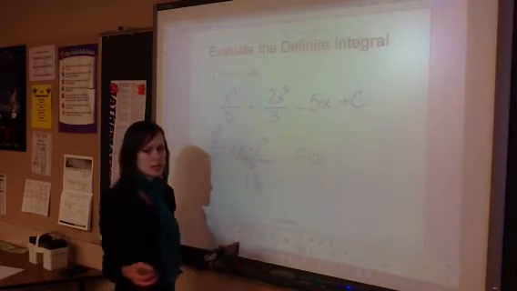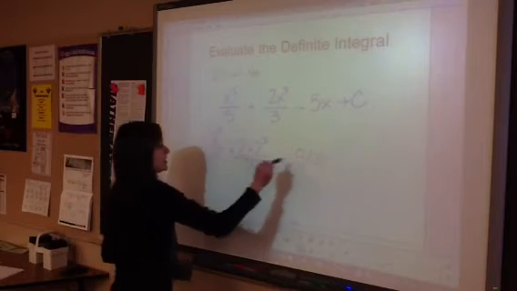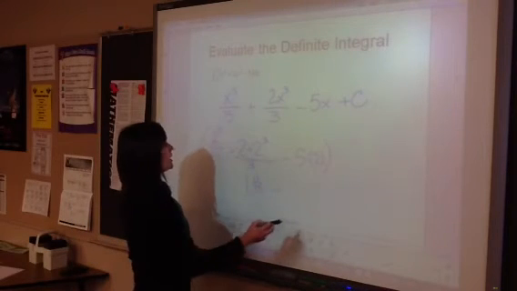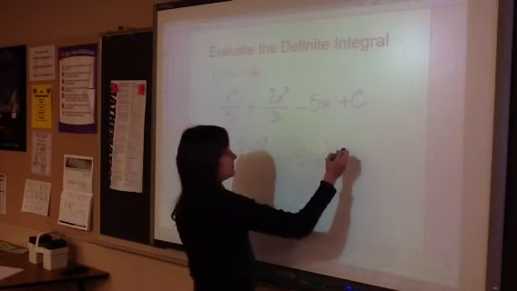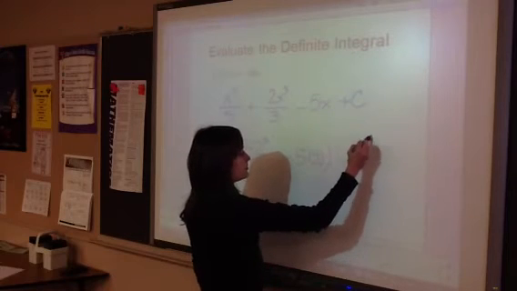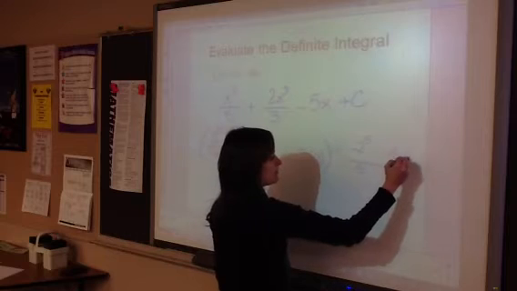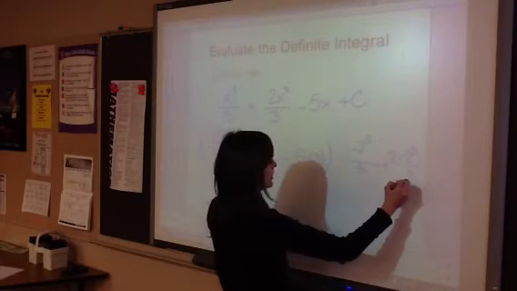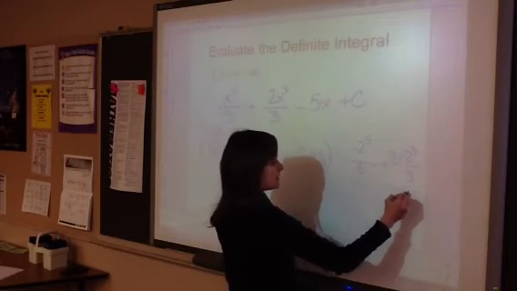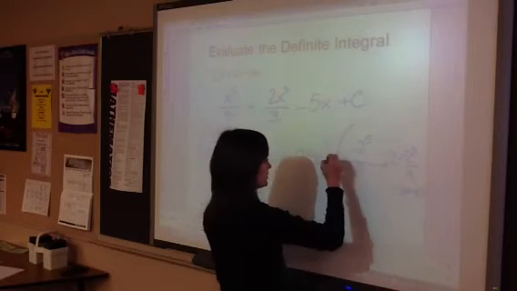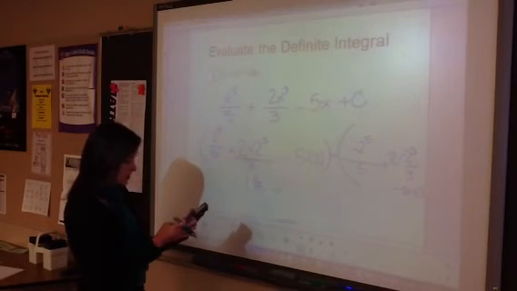I'm not going to worry about the c because it's going to cancel. So then I'm going to subtract when I put in -2. So I got -2 to the 5th over 5 plus 2 times -2 to the 3rd over 3 minus 5 times -2. We're going to subtract off that whole back part, and that's really sloppy, sorry.